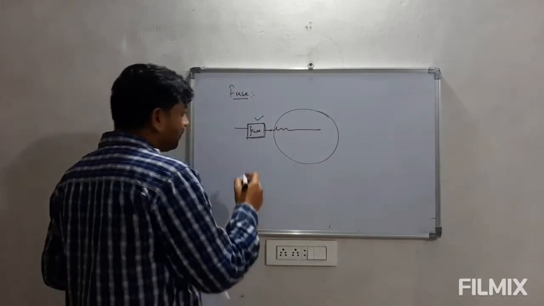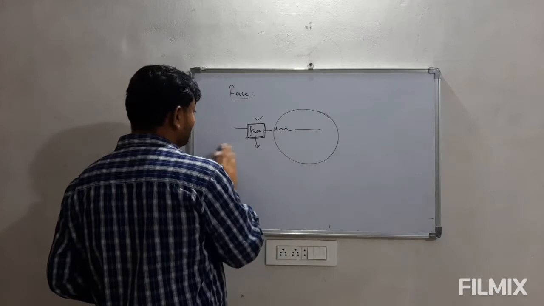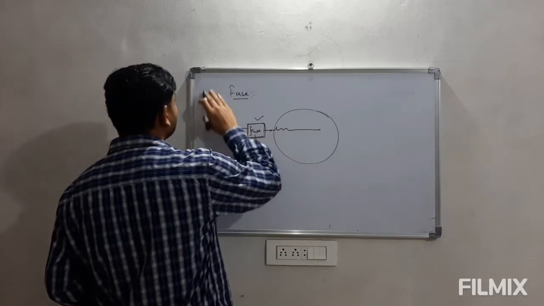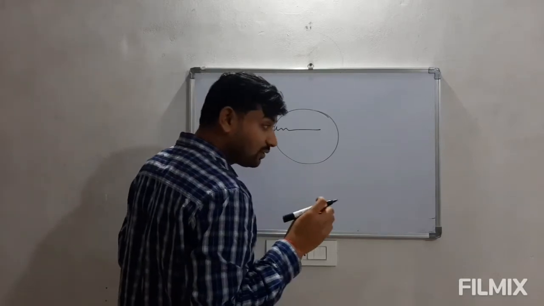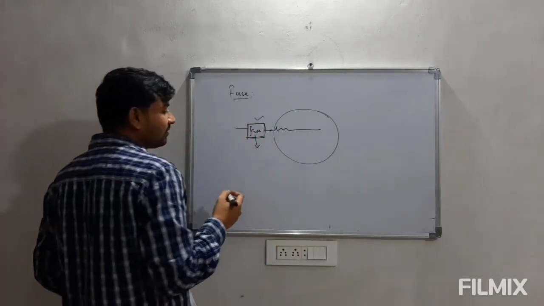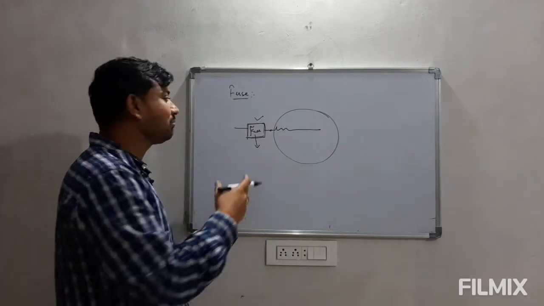Now when we talk about the fuse, it is a device where we use some metal which has a very low melting point, and whenever the heat is more it will easily melt and break the circuit.